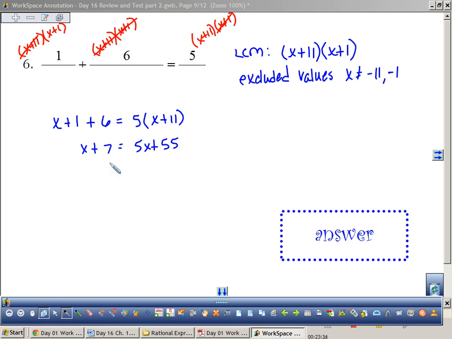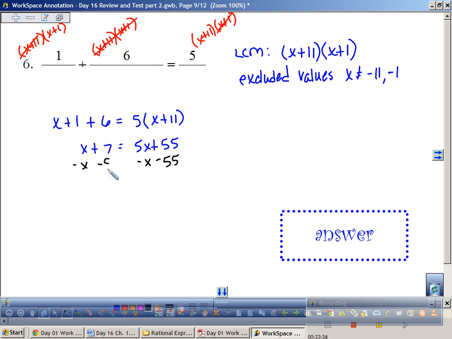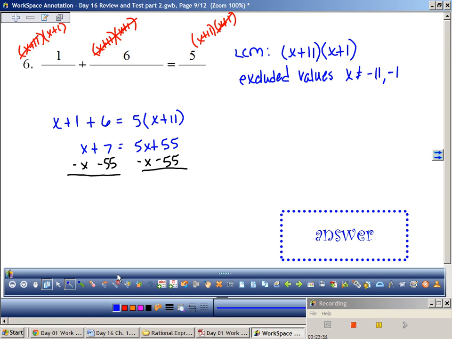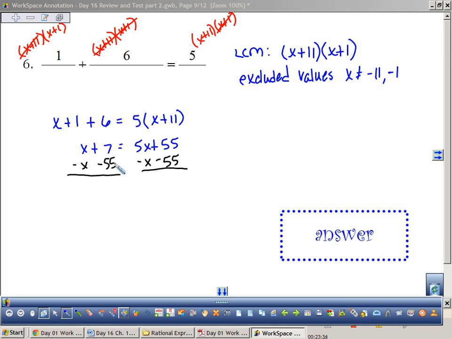Now what? Subtract X. Wouldn't it be easier to do it the other way? Nope. You always move the smaller X. It's just easier. Otherwise, you end up with a negative, and you have to divide by a negative. All right.